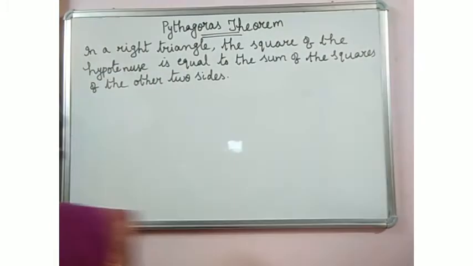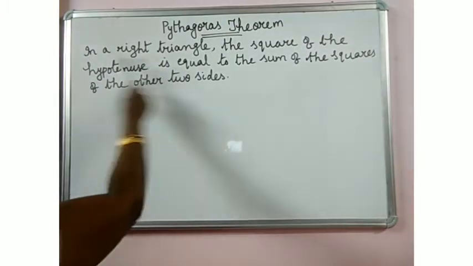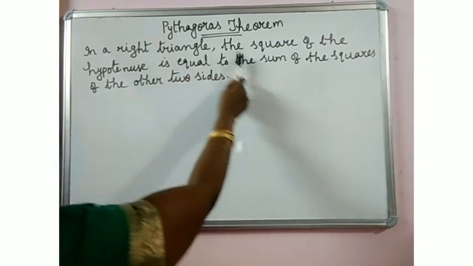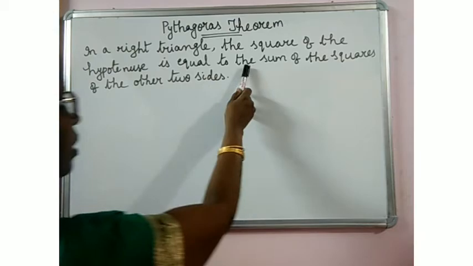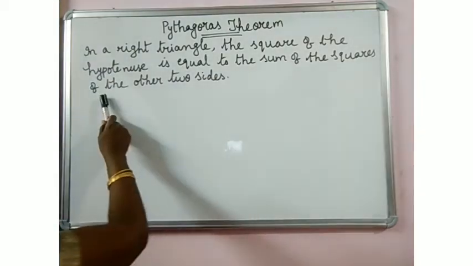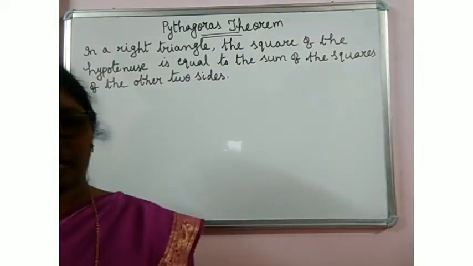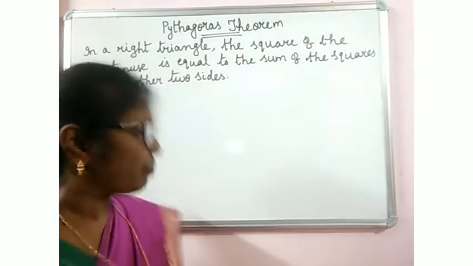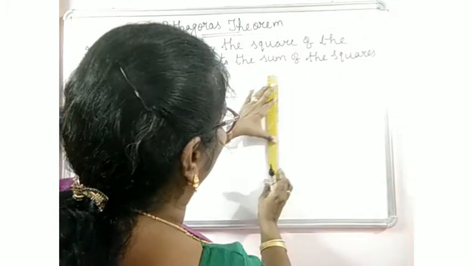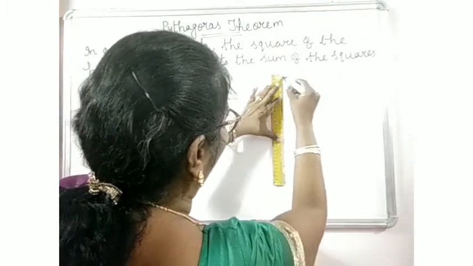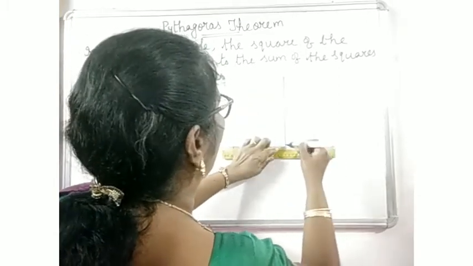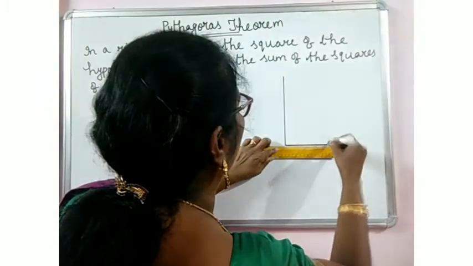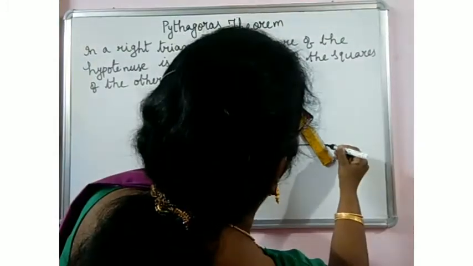The theorem is: in a right triangle, the square of the hypotenuse is equal to the sum of the squares of the other two sides. You know that in a right angled triangle, the side opposite to the 90 degree angle is said to be the hypotenuse.